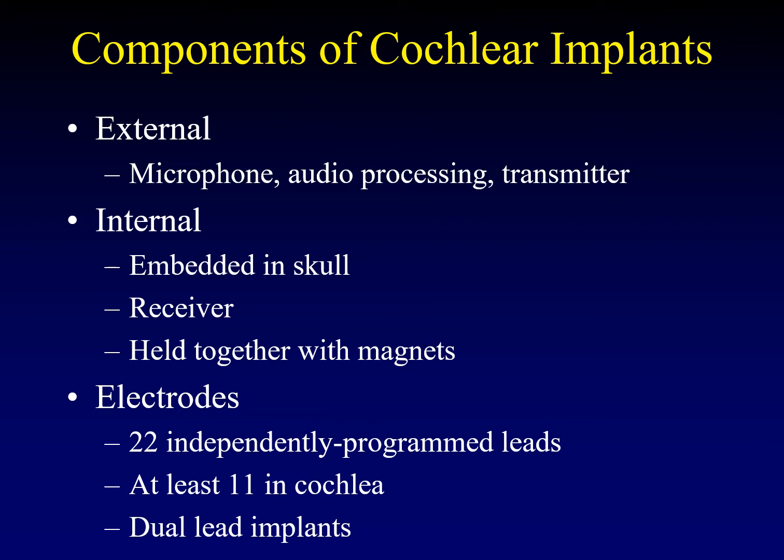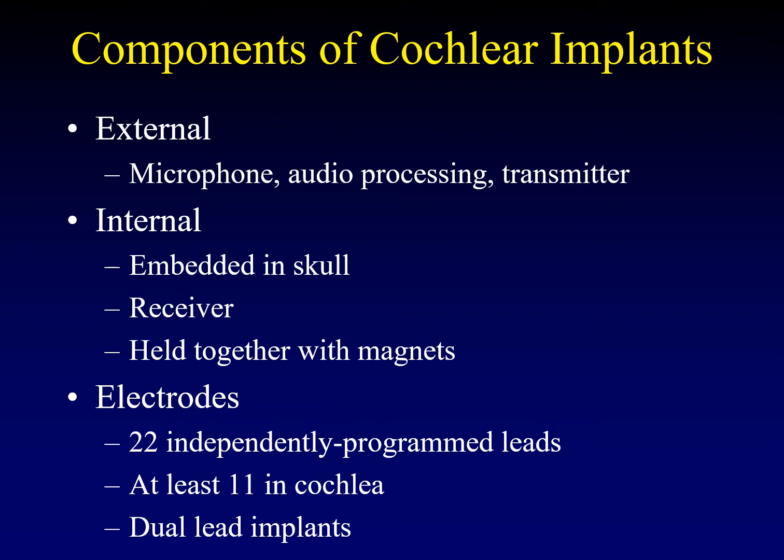So after the internal component has received the signal, it sends it down a wire, and that electrode extends into the cochlea itself and winds up through the turns of the cochlea. The electrode has, in most models, 22 independently programmable leads so that different parts of the cochlea can be stimulated independently. You want at least 11 of those leads to find their way into the cochlea during implantation.